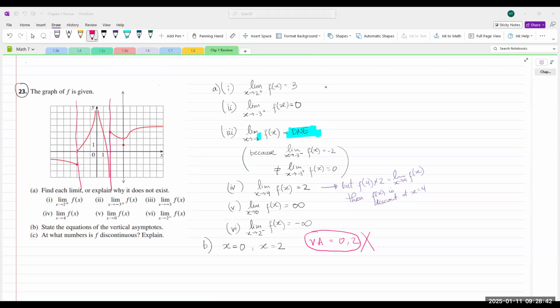Yeah, when x equals -3, take a look at the limits. We didn't even mention what value it is, right? When we approach from the left-hand side, what is the limit? -2, right?